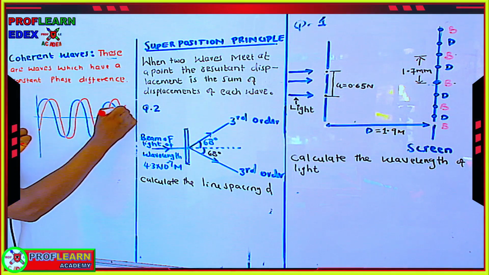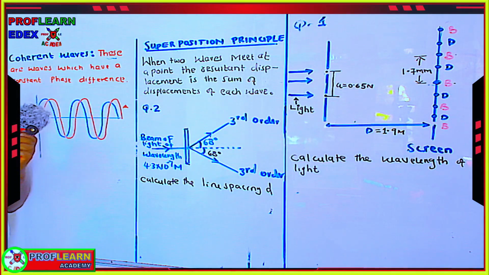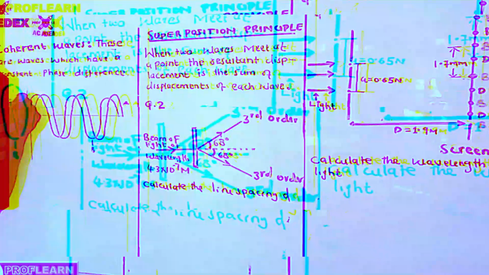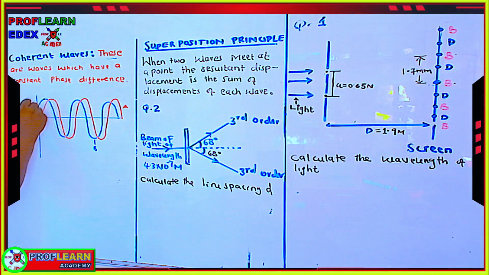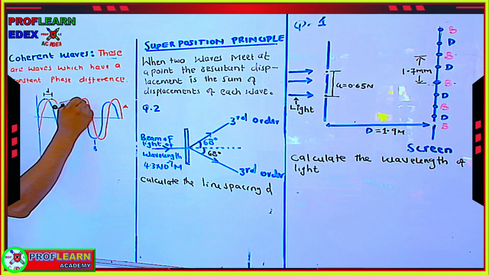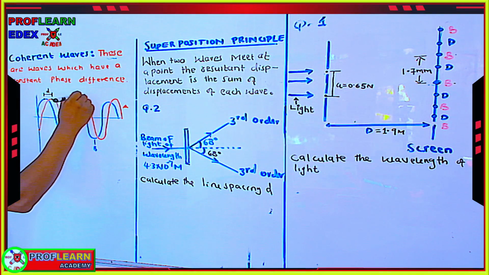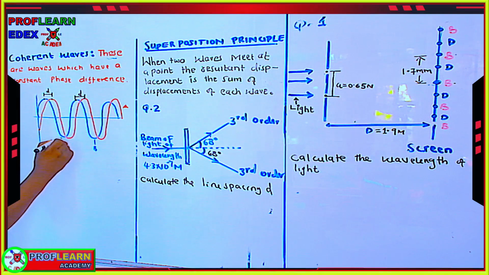We have wave A, and also wave B. We have a point here where the particle in wave B is maximum, and also a point where this wave is maximum. If we measure the distance d here, and also we check some other point, we find the distance d again.